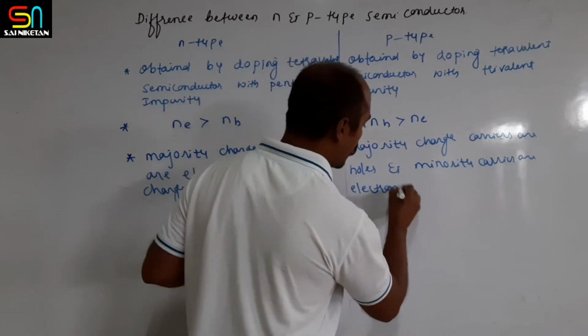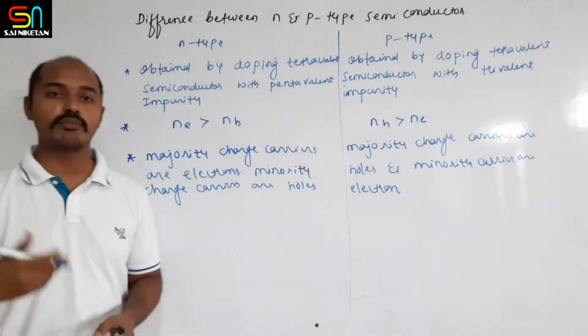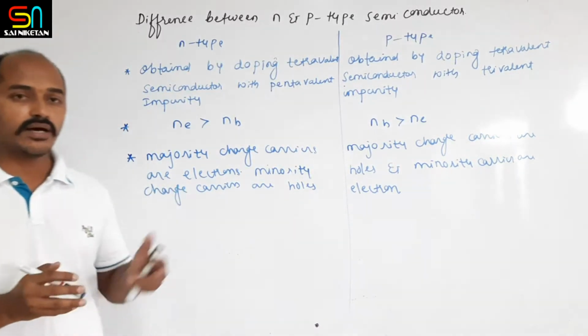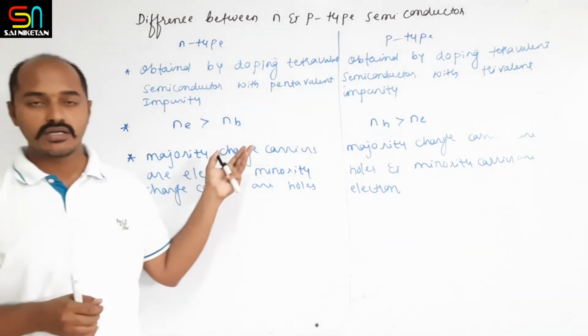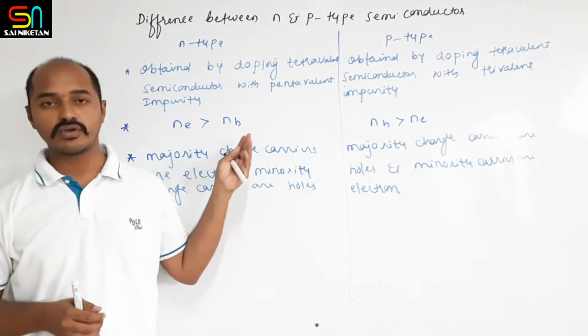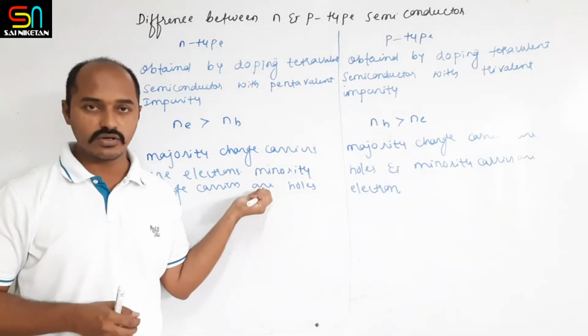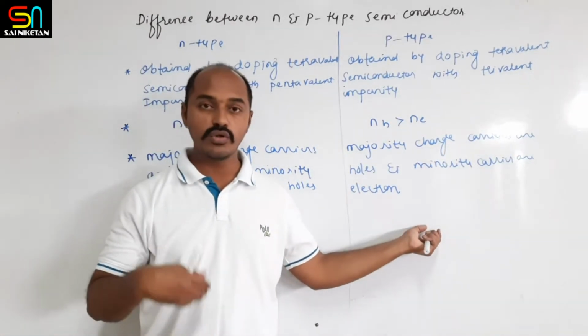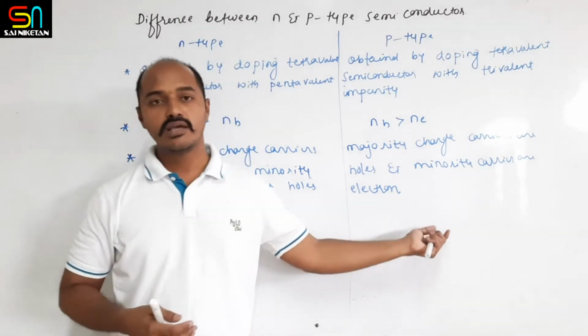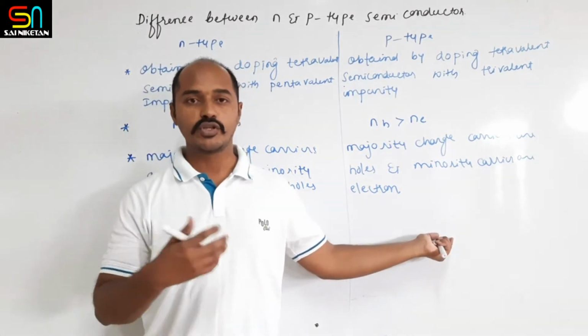So this depends upon the number of electrons or number of holes. In the n-type semiconductor, the number of electrons is more, hence the majority charge carriers are electrons, and here the number of holes is more, hence the majority charge carriers are the holes.